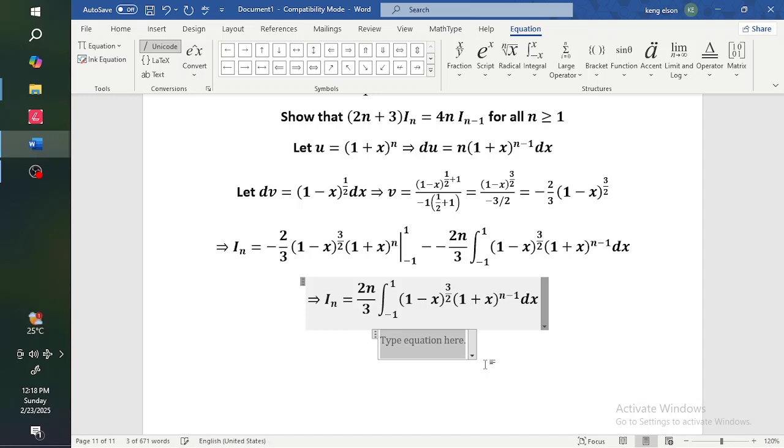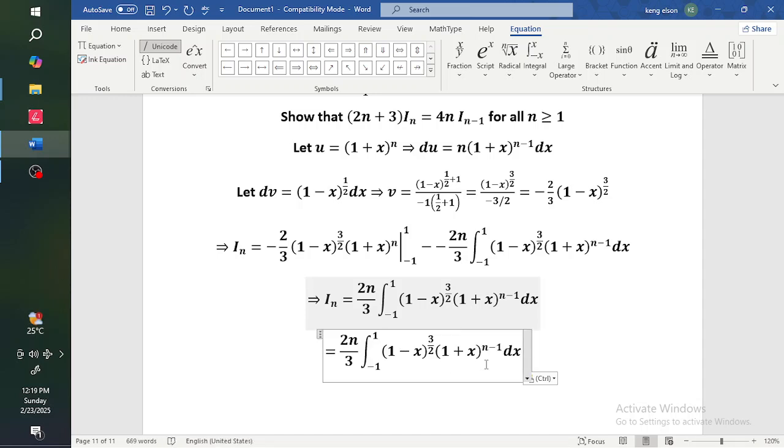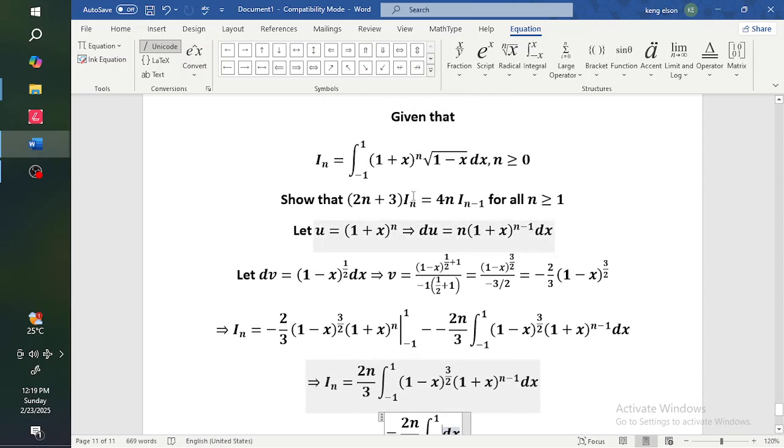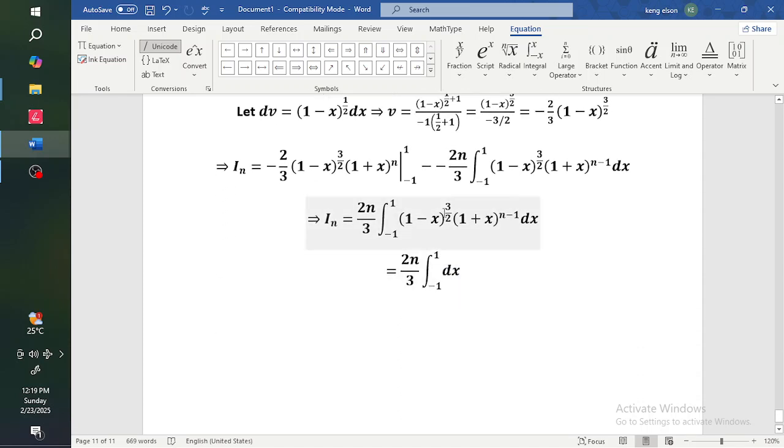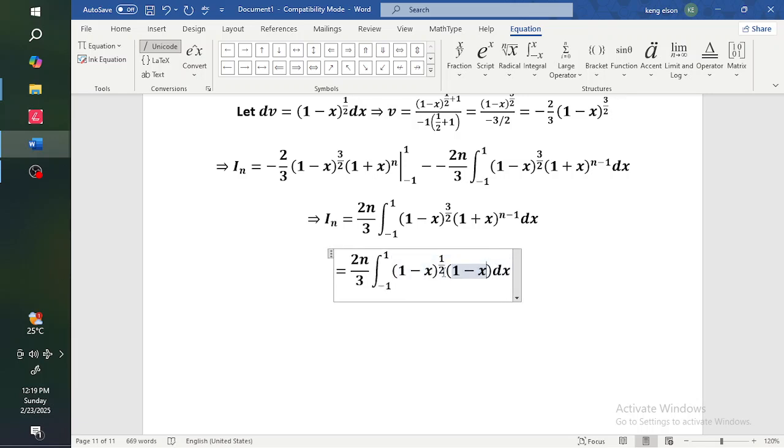So watch as I simplify. So I have 2n over 3 times this integral. Now, if I check, originally it was a square root of 1 minus x. So this 1 minus x to the 3 on 2 is just the same as 1 minus x to the power half times 1 minus x to the power 1.